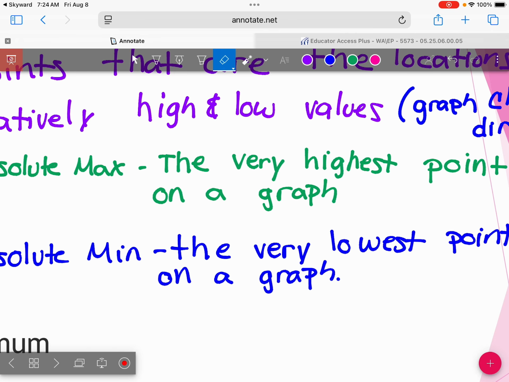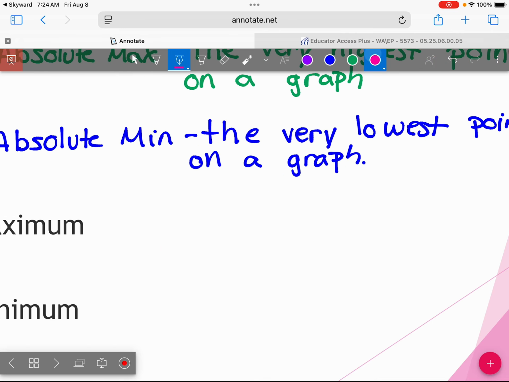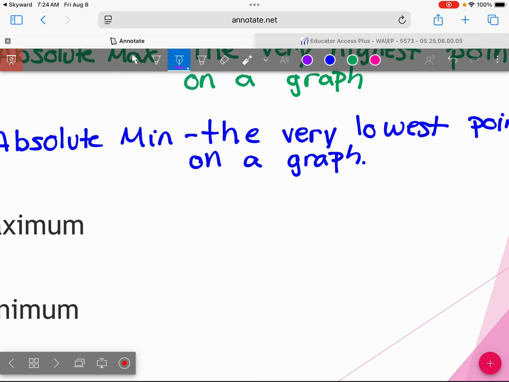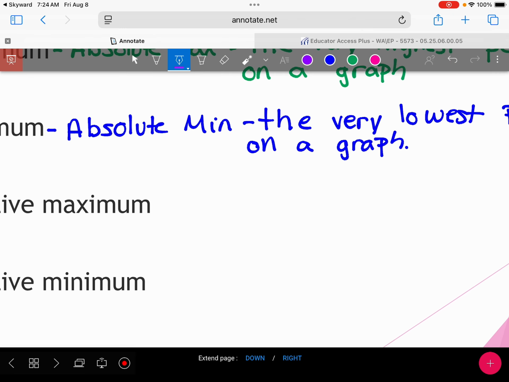So our relative maximum, the way we're going to word that, there we go, changing colors, which a lot of times we're going to abbreviate as just the RMAX, because both words are annoying to spell.